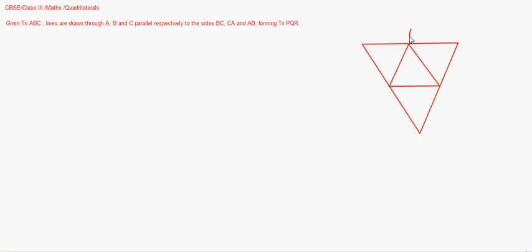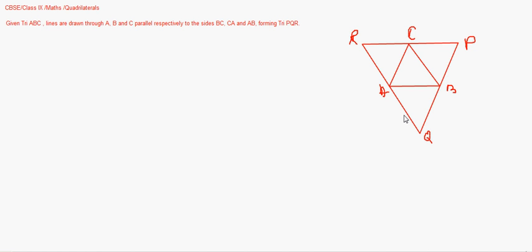Lines are drawn through A, B, C parallel respectively to the sides BC, CA, AB, which forms the triangle PQR. So P, Q and R. This is the figure given.